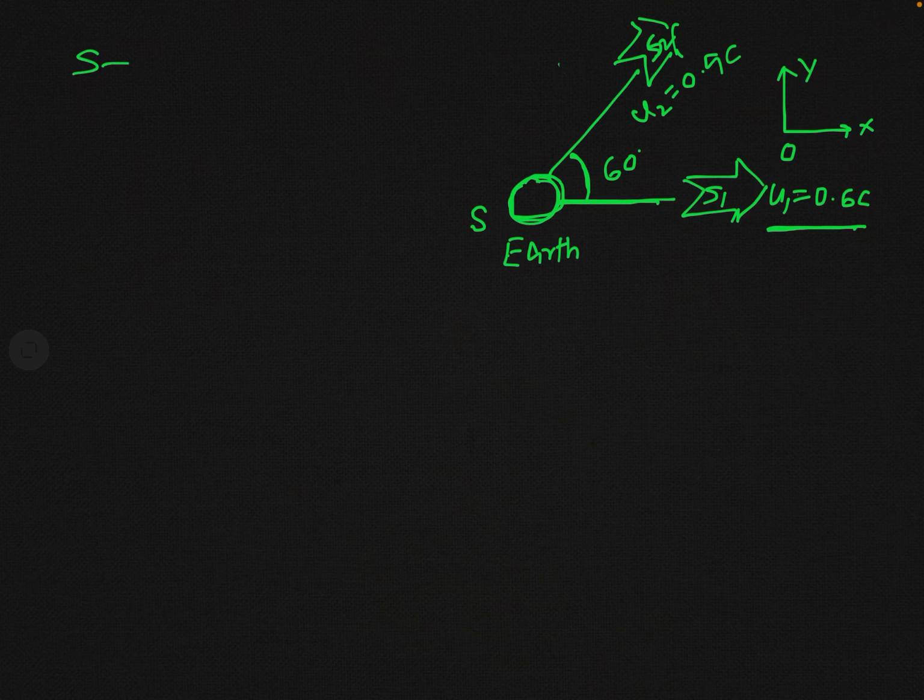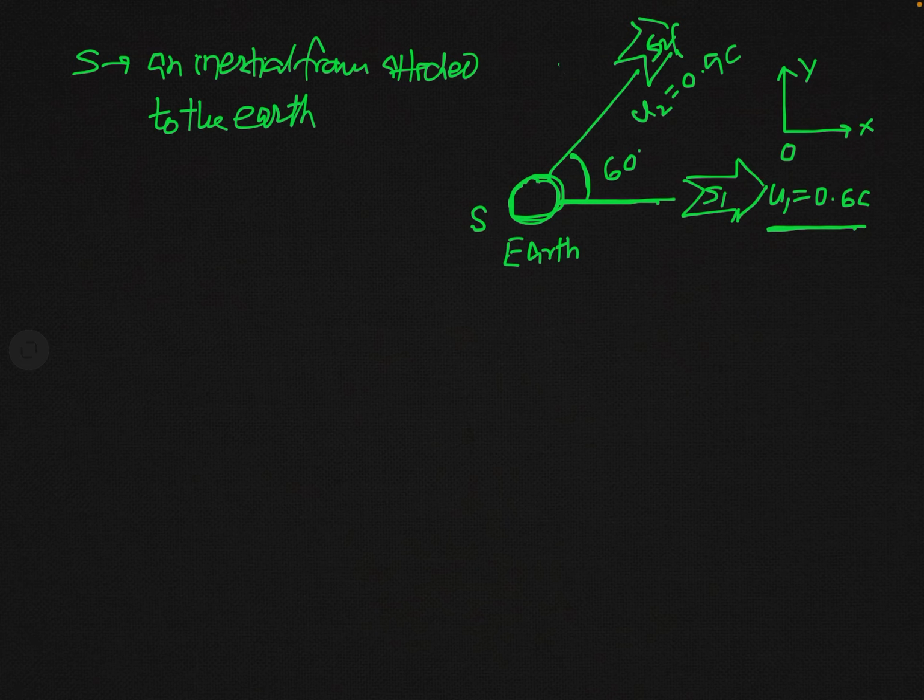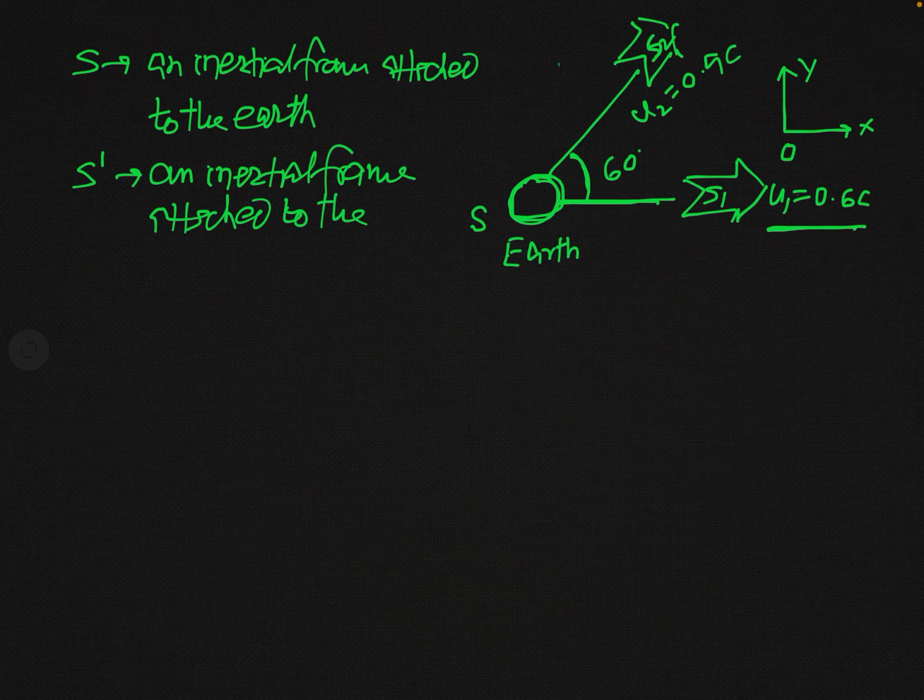So I consider here that S is an inertial frame attached to the Earth, and S prime an inertial frame attached to the spaceship S1.